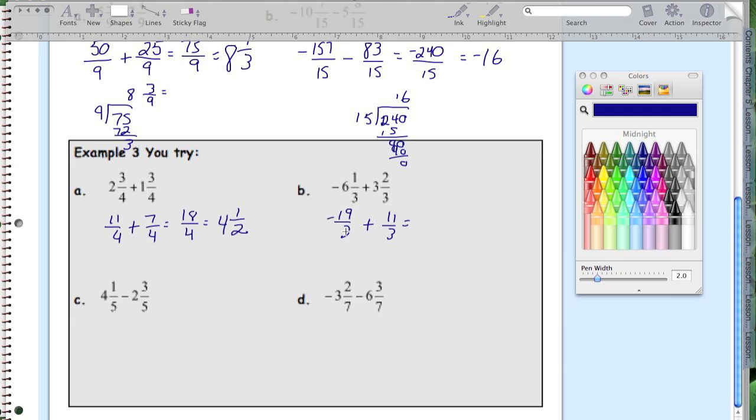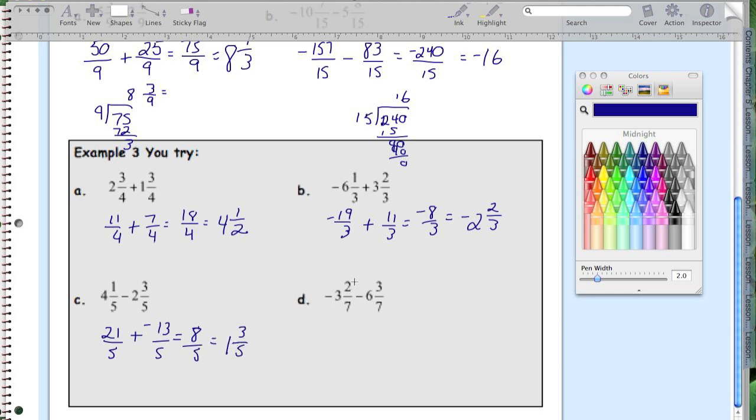When I add negative 19 plus 11, I get negative 8/3. Turned into a mixed number is negative 2 and 2/3. Letter C, it's going to be 21/5 minus 13/5. I'm going to subtract those. 21 minus 13 is 8/5, which is actually 1 and 3/5 as a mixed number.